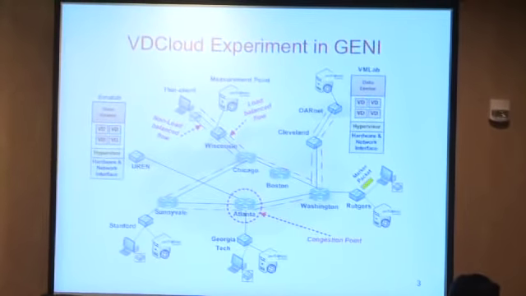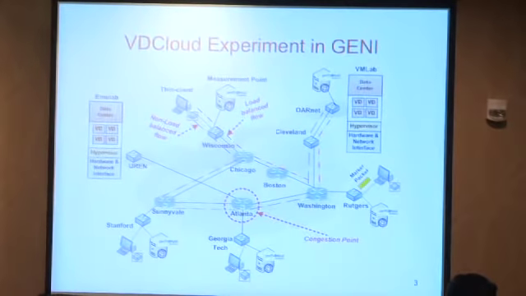So we look at things such as load balancing. We're interested in benchmarking thin client performance over wide area. We're interested in looking at the impact of applications within virtual desktops at different system loads and network bottlenecks.